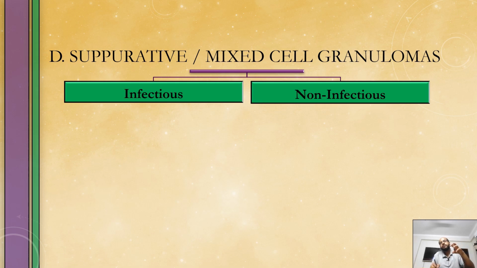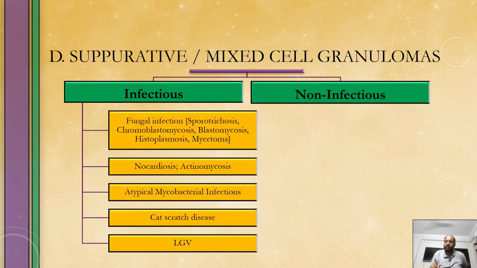So if we want to know a few examples of suppurative or mixed cell granuloma, we divide them into infectious causes and non-infectious causes. The infectious causes include fungal infections like sporotrichosis, chromoblastomycosis, phaeohyphomycosis, and all. Infections also include bacterial infections like nocardiosis or actinomycosis, atypical mycobacterial infection, cat scratch disease, LGV.